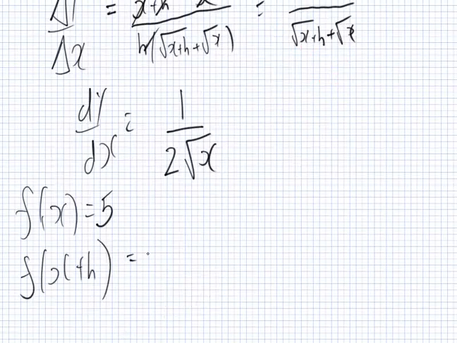Now, f(x plus h) is 5. Did someone say error? 0. Nothing? 0? No? What is it? 5 plus h, no, we said that's wrong. 0, no. And nobody has volunteered infinity as an answer yet.